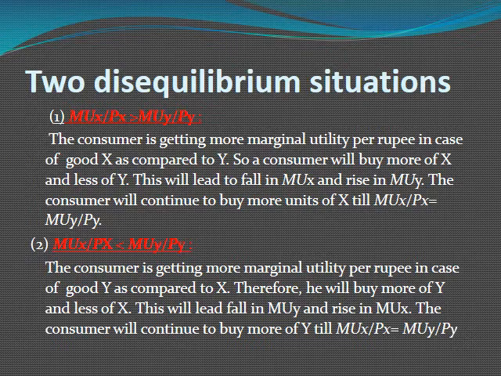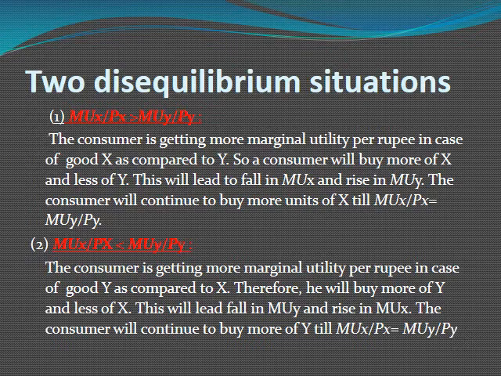One is when the ratio of marginal utility of X and the price of X is greater than marginal utility of Y divided by price of Y. Here it means that a consumer is getting more satisfaction per rupee spent on commodity X as compared to commodity Y. So a consumer will go on purchasing more units of commodity X.